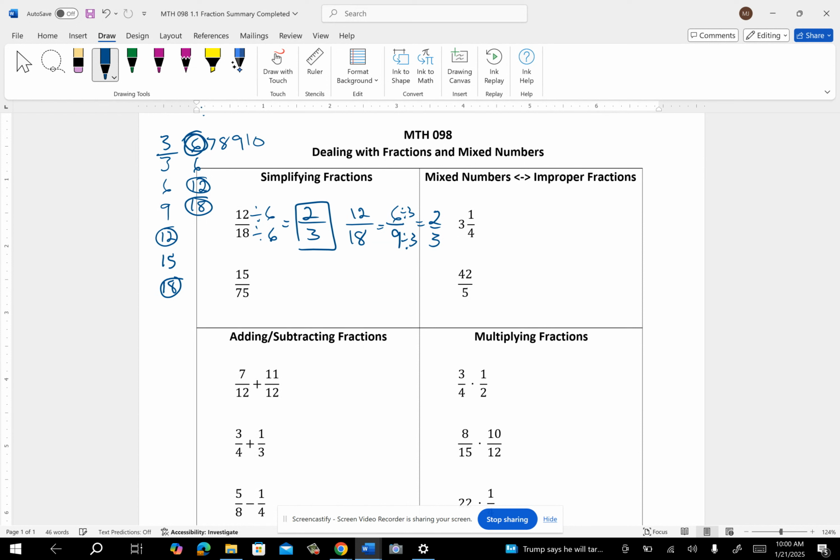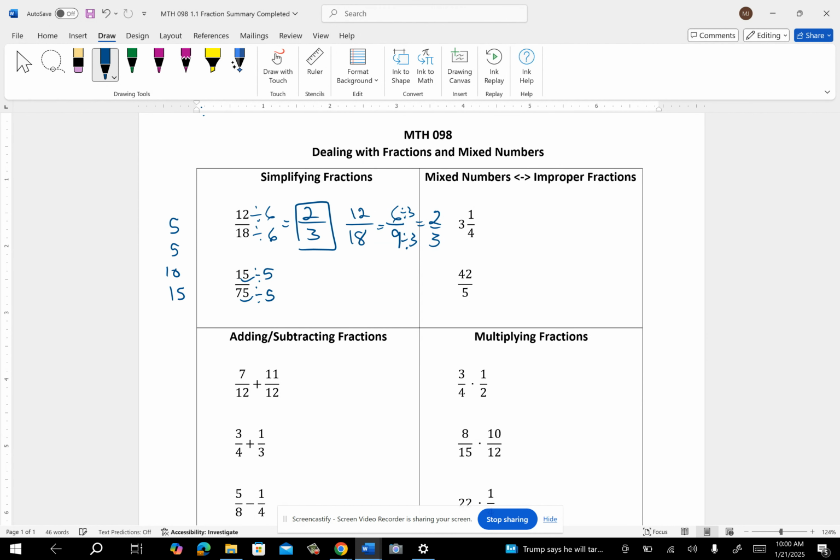Okay? Now with 15 and 75, I noticed that 5 goes into both. If I need help with the division I'm trying to do, like 15 divided by 5 and 75 divided by 5, I could use my multiplication chart. What you would do is look at the 5 column until you hit 15, right?